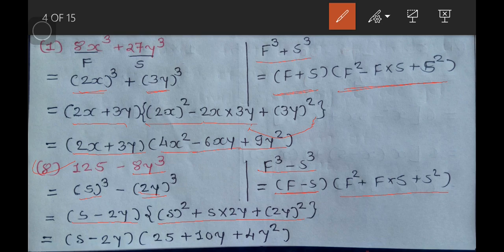So we get at last (5 minus 2y) and (25 plus 10y plus 4y square). So in this way we can factorize a cubic polynomial.